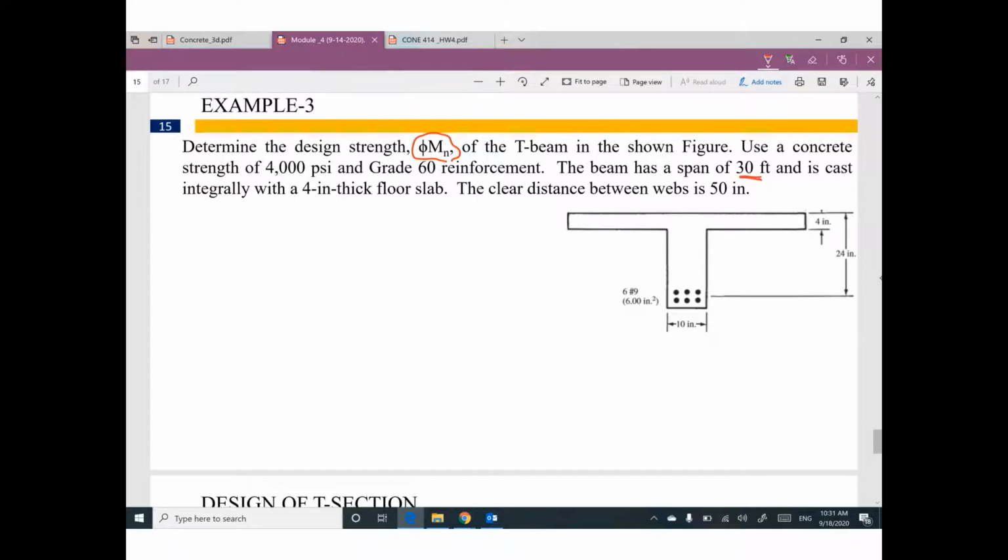The beam has a span equal to 30 feet and is cast integrally with a 4-inch thick floor slab. This slab has a thickness of 4 inch, and the clear distance between webs is 50 inch.